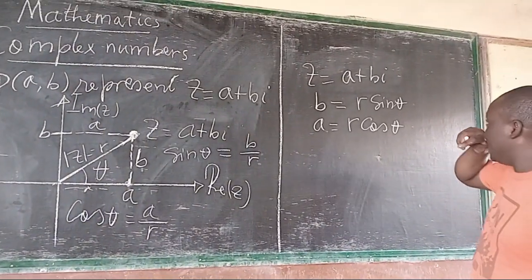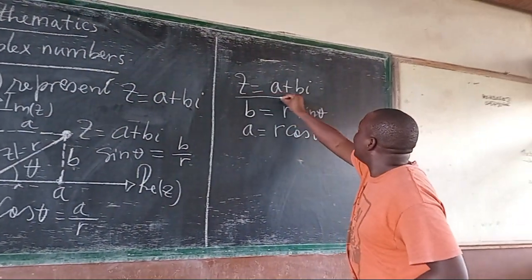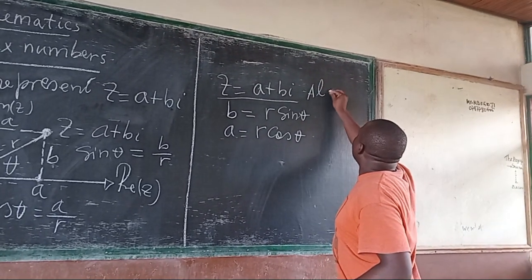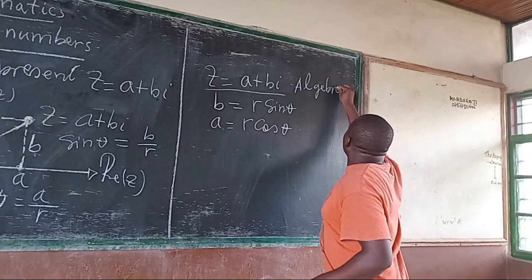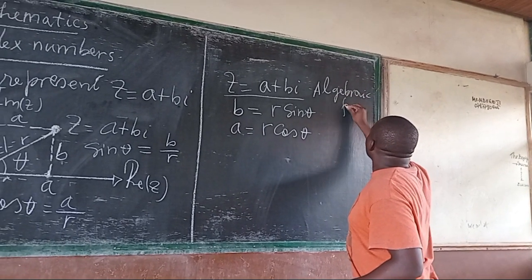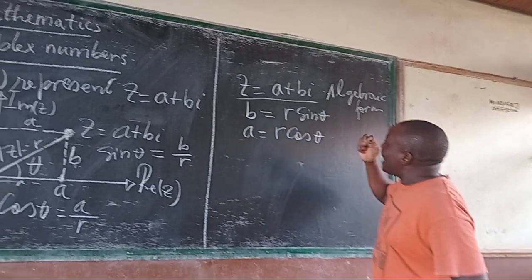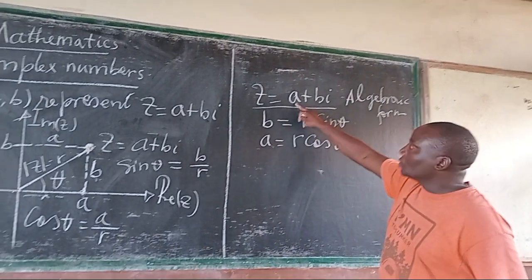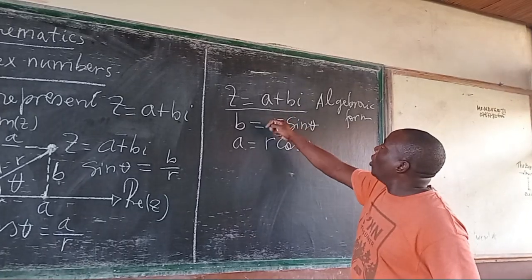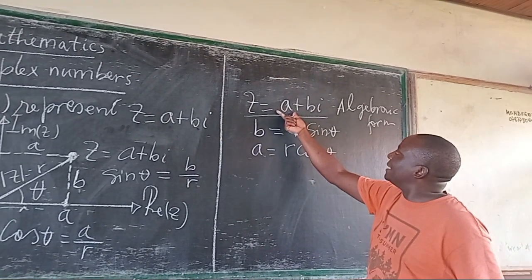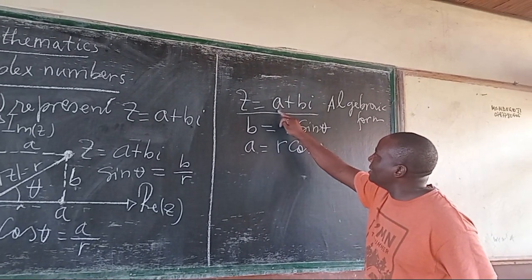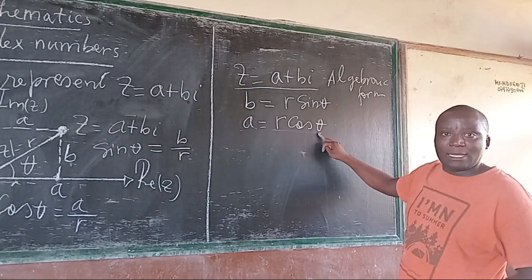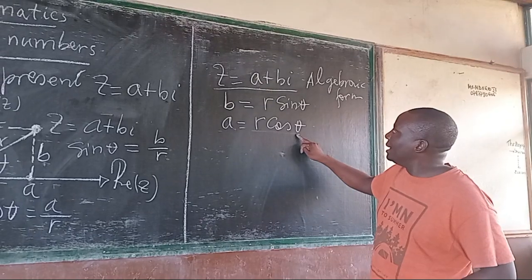As you see, teacher, the form I have here is what you call algebraic form. And I'm able to transform or rewrite this real part A by using a trigonometric function, by using cosine of an angle.